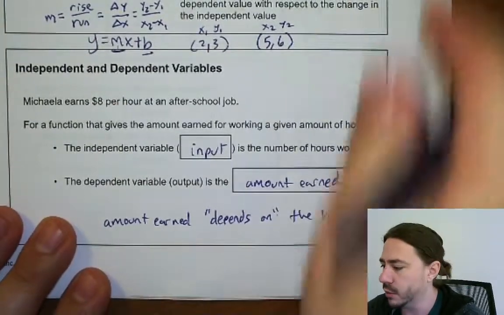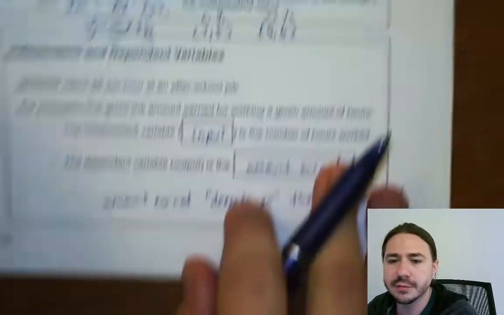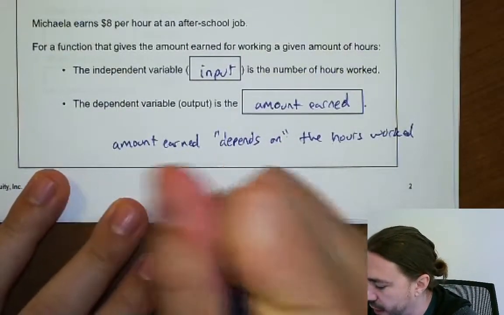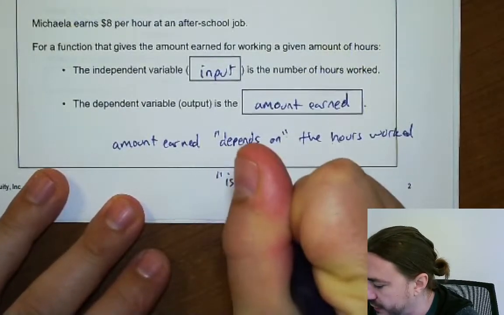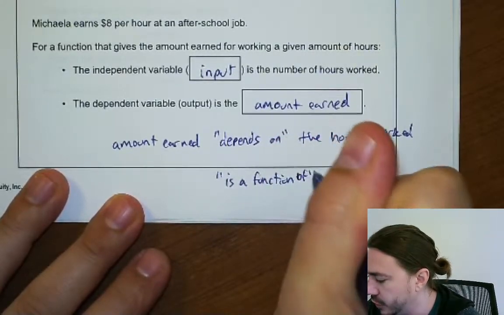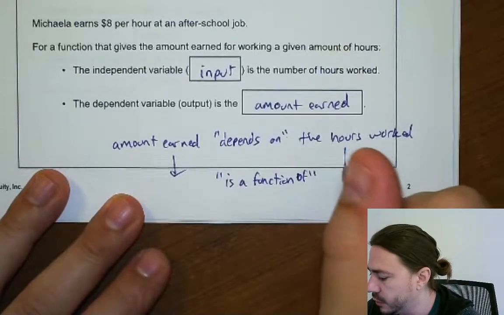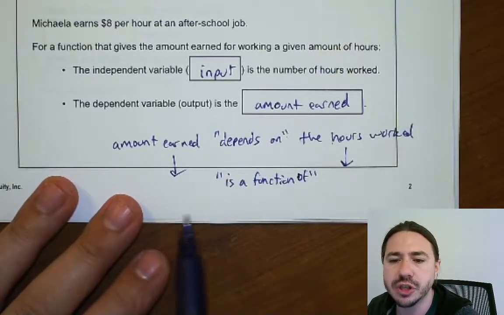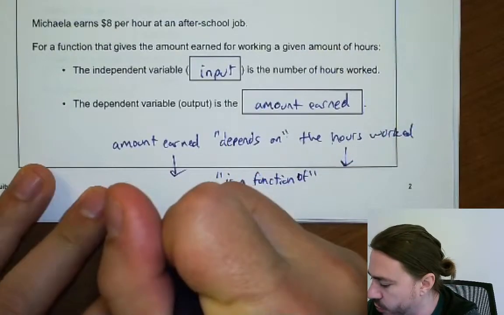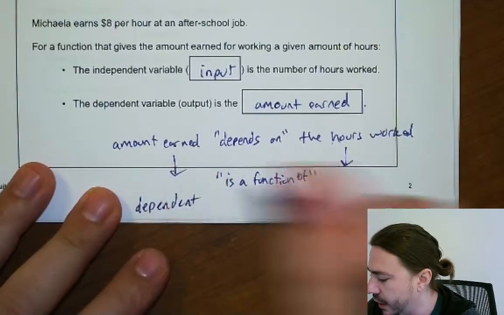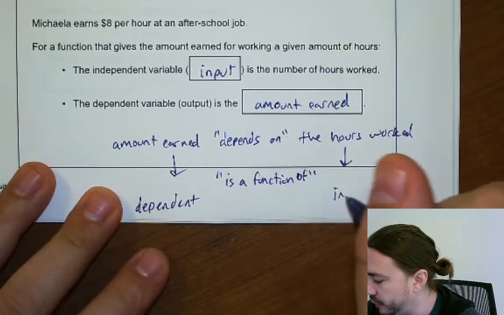Another way to say this is that the amount earned is a function of, go back to that word function, the hours worked. Either of these two phrases basically mean the same thing, but in general, you're going to list your dependent variable first and your independent variable last.